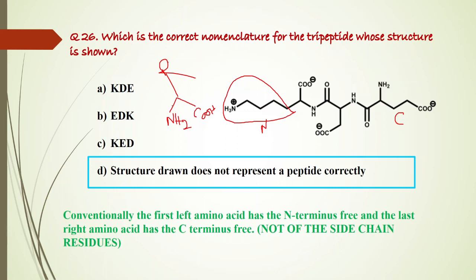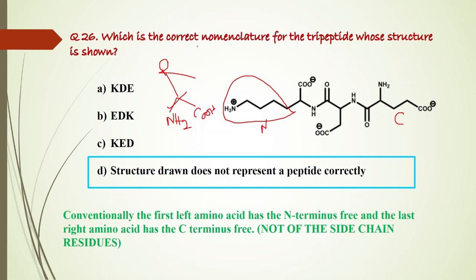They are formed by the basic backbone, NH2 CH2 COOH, which is fixed for all the residues, and they are generally involved in the formation of peptide bonds, not these R groups or side chain groups. That's why they are called side chain groups, because they are not part of the primary backbone of the peptides.